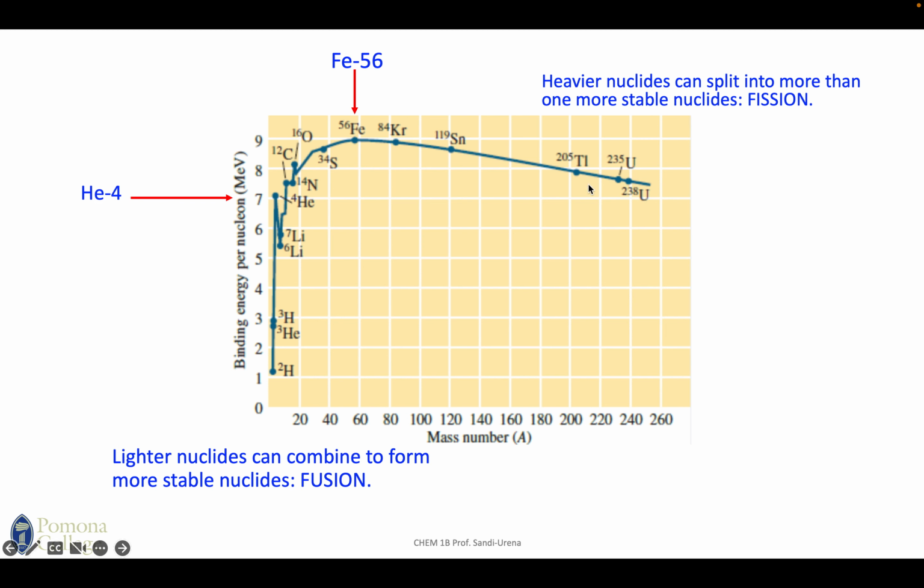Whereas the heavier nuclides themselves will become more stable if they split into more than one nuclide. And that's the process that we call fission. So we have fusion, lighter nuclides combining to form heavier, more stable nuclides. And we have fission, heavier nuclides splitting into more than one more stable nuclide that will necessarily be lighter. Those are the two processes.